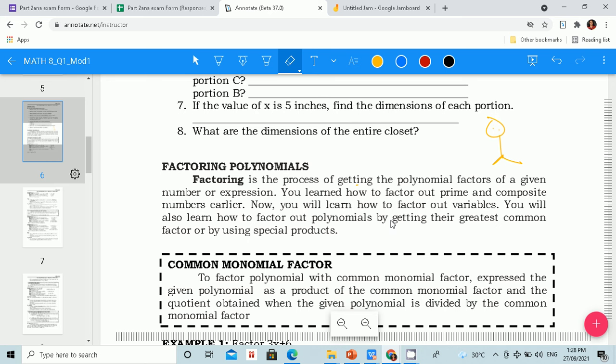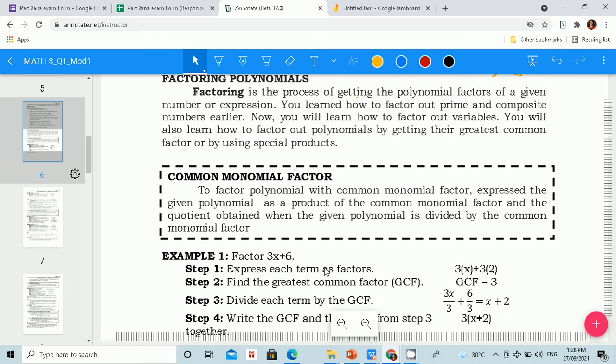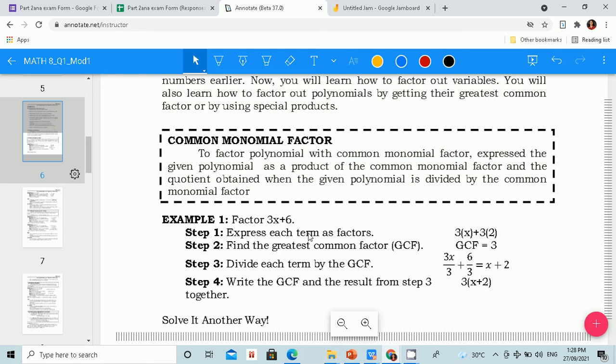Okay, so this time we are going to, let's go back. Common monomial factor. Example, we have this expression 3x plus 6. Okay, 3x plus 6. So, express each term as factors.